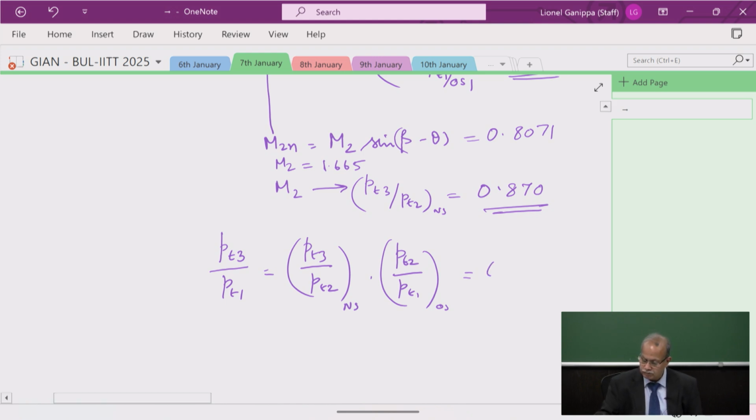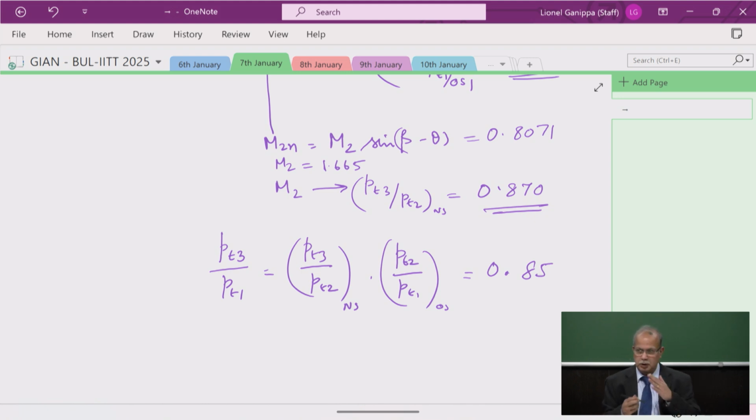Inlet pressure recovery 0.8866. 0.85. So which means that there is a loss of about 15%. We are able to recover up to 85% of the pressure.